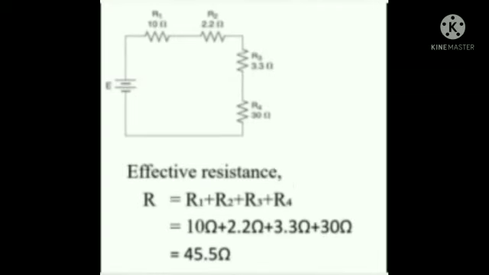That is, effective resistance R is equal to R1 plus R2 plus R3 plus R4. Substituting values, 10 ohm plus 2.2 ohm plus 3.3 ohm plus 30 ohm, the effective resistance R is equal to 45.5 ohm.